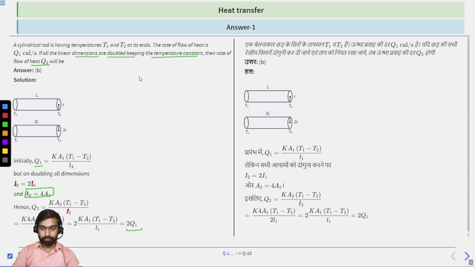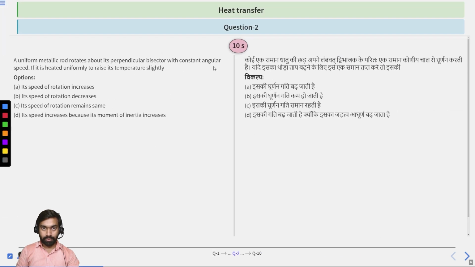Next question. Question second. Question is: a uniform metallic rod rotates about its perpendicular bisector with constant angular speed.